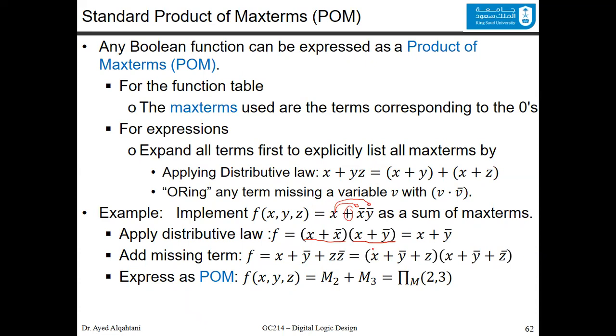So that's what you do first. And you can notice if you do that, x or x bar is actually 1. So you can take it out and you end up with only x or y bar.